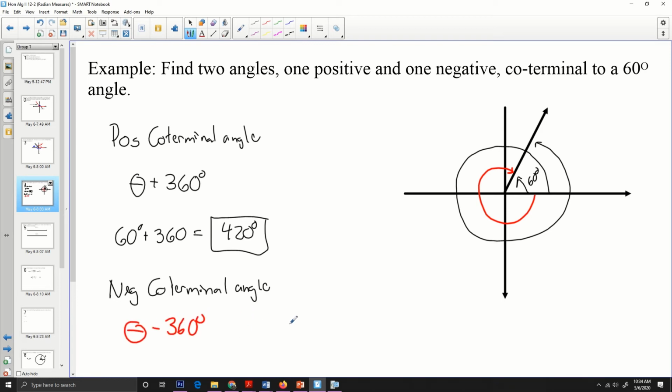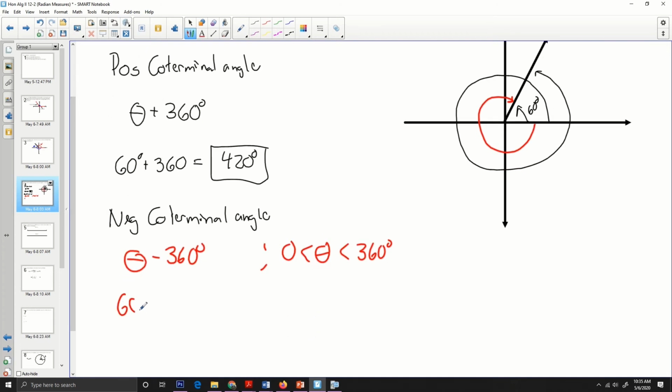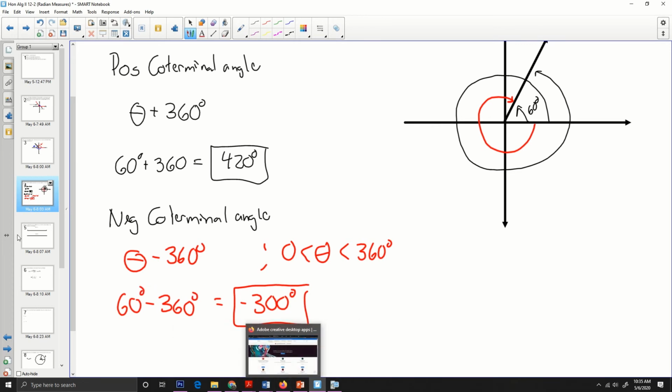Again, this is provided that theta is between 0 and 360 degrees. So in this particular instance, we'll get 60 minus 360, which will give me negative 300 degrees as our negative coterminal angle. And that's it.